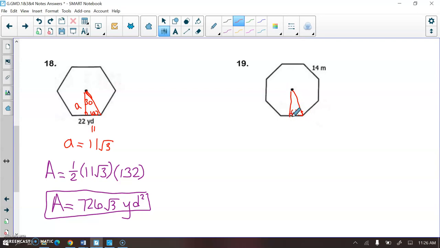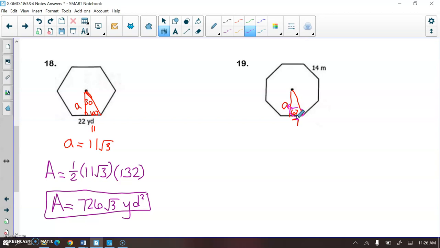So this is not a special right triangle. I'm going to find my apothem, and my apothem bisects the sides. So since the sides are 14, that side on the right triangle is 7. Now, in relation to the 67.5-degree angle, I'm trying to find my apothem, which is the opposite, and I have my adjacent, which is 7.